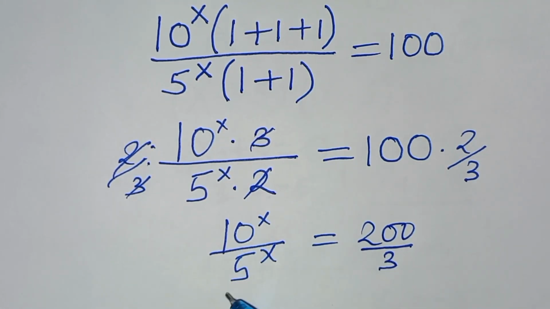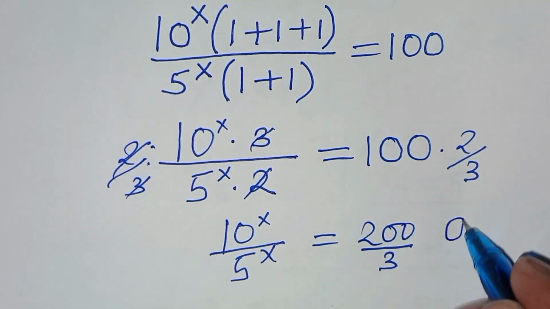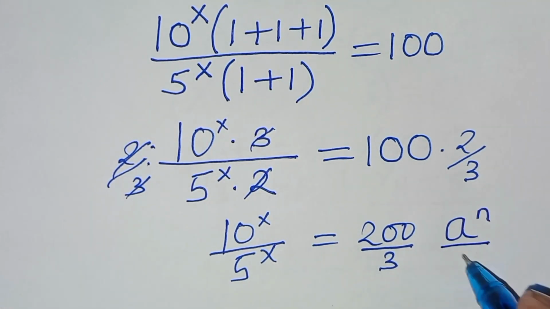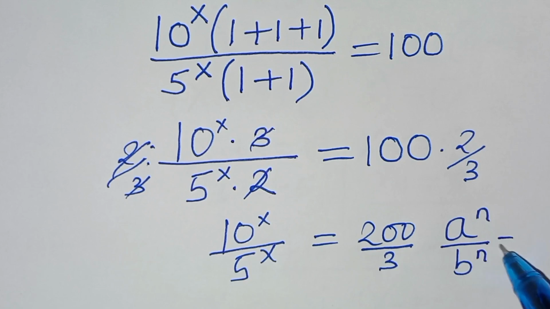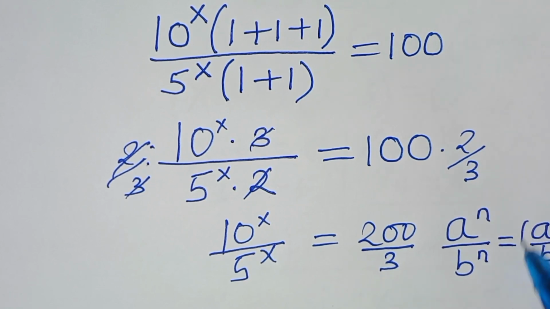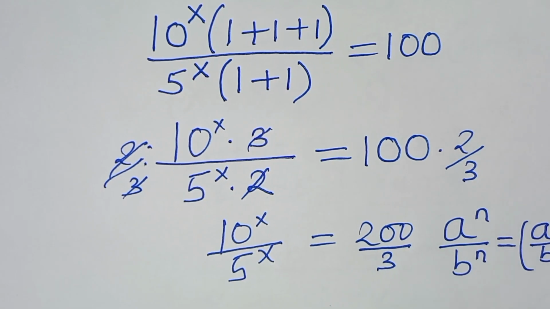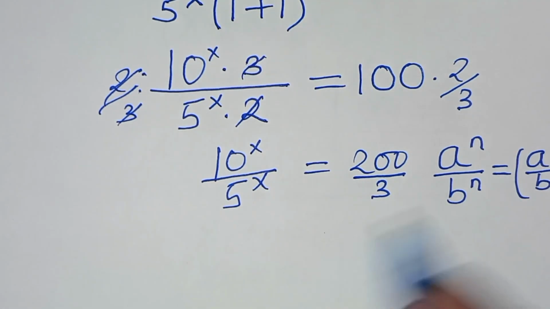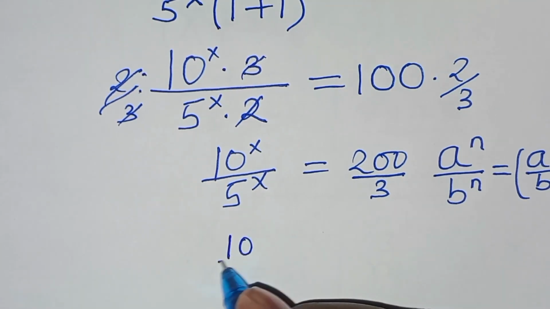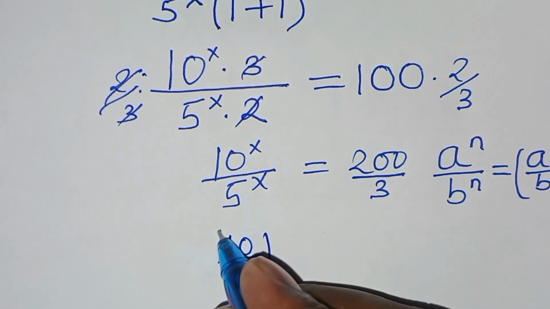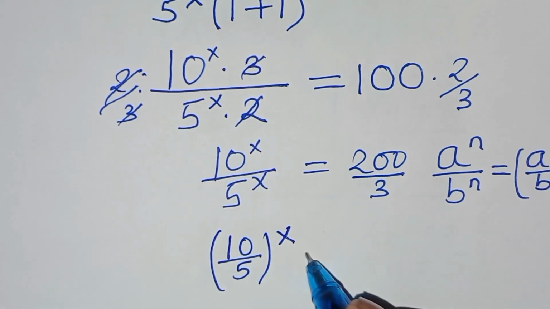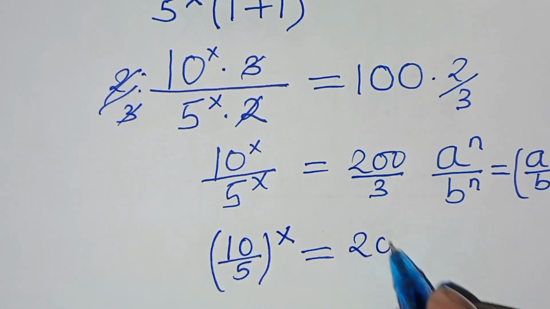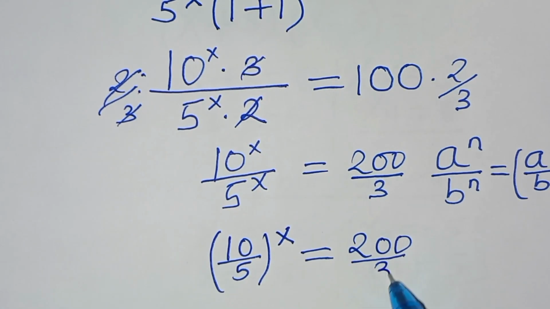So 10 to the power x over 5 to the power x, this is in the form of a to the power n divided by b to the power n, which we can express as a over b raised to the power n. So applying this property, then here we have 10 over 5 raised to the power x. This is equal to 200 divided by 3.